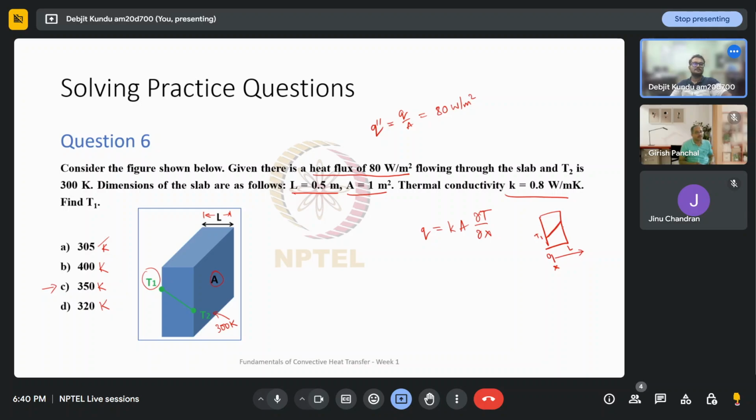So if there is some T1, there is some T2, the temperature difference in that case will be T1 minus T2 divided by L, or the temperature gradient can be written like this. And this gradient would be the same all across the wall because the temperature is linearly varying.